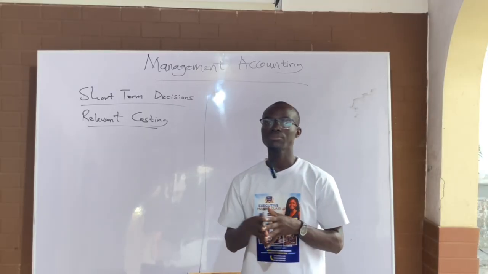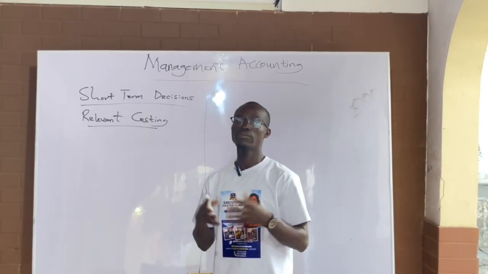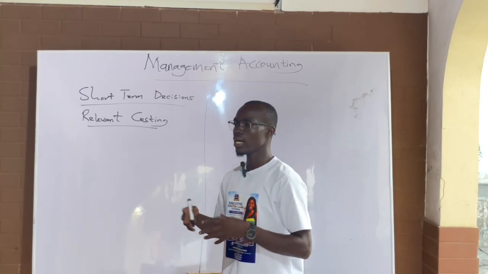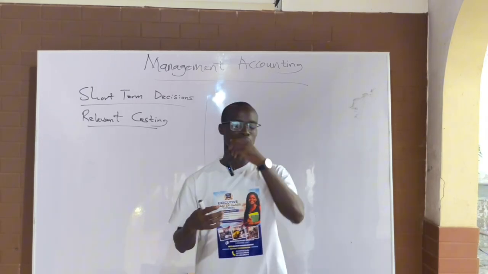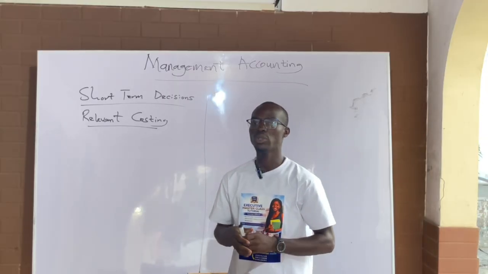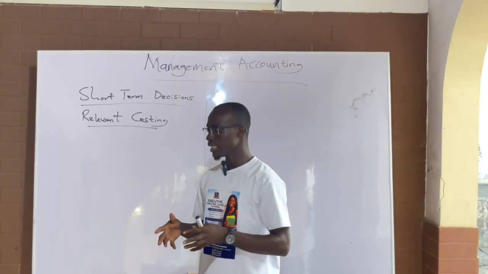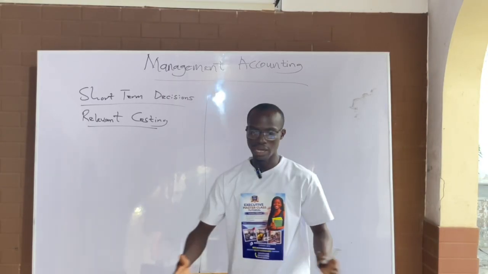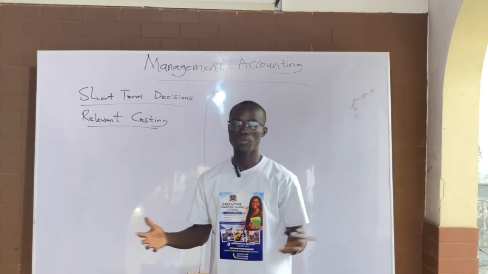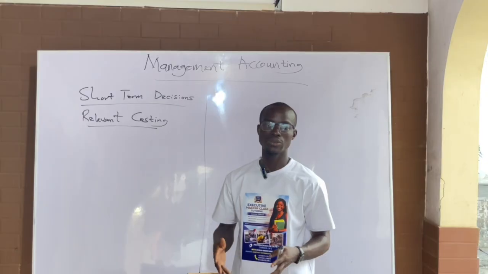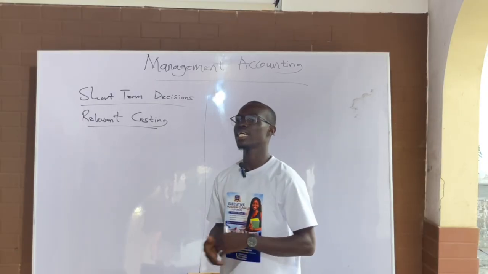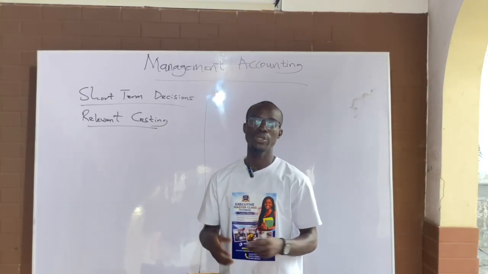Let's say when it comes to Executive Massacre Tutorial Center, if you want to know our relevant cost, we need to consider some things. We have chairs, laptops and other items here, and we have already bought them. Since we have already incurred a cost on them, we don't add them as part of our relevant cost when making a decision.